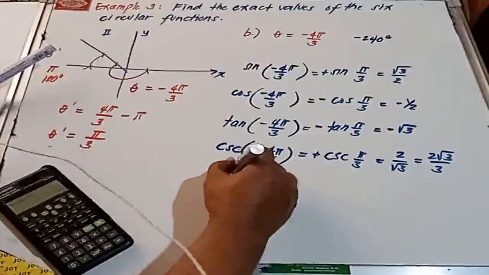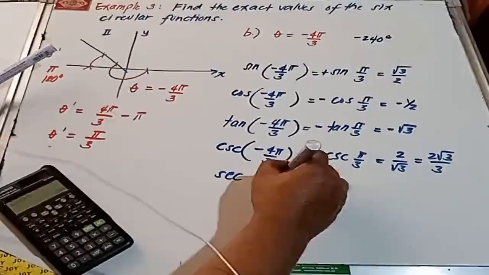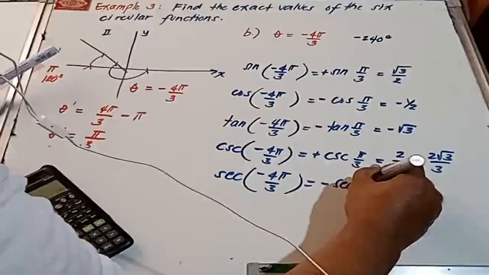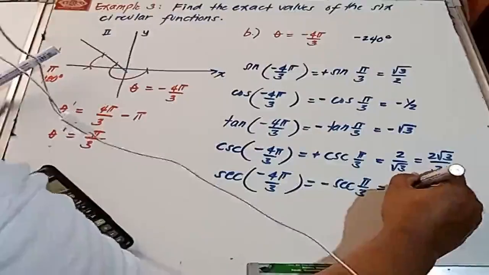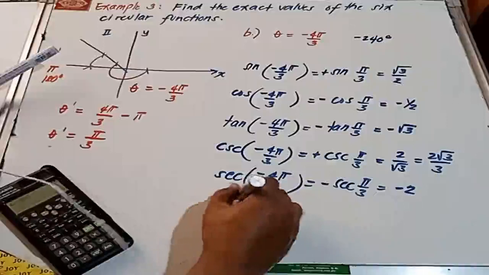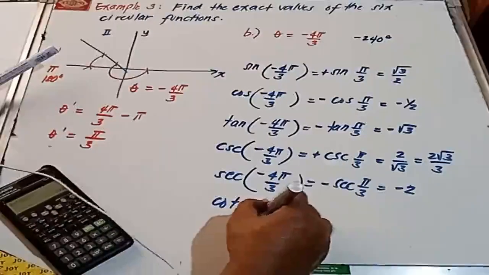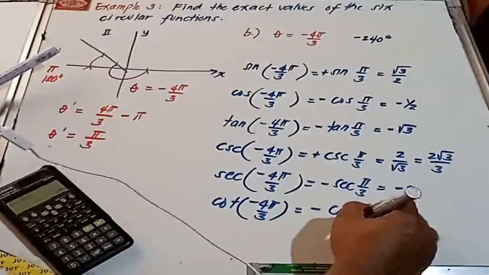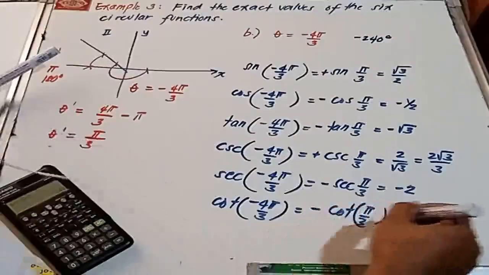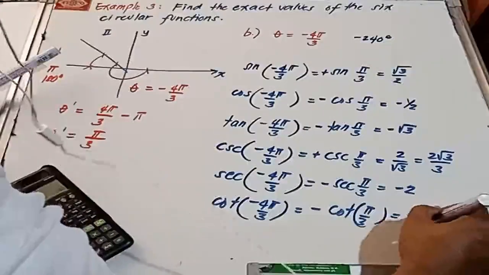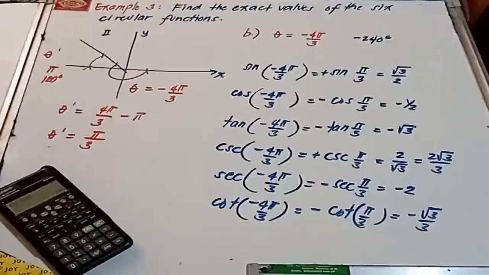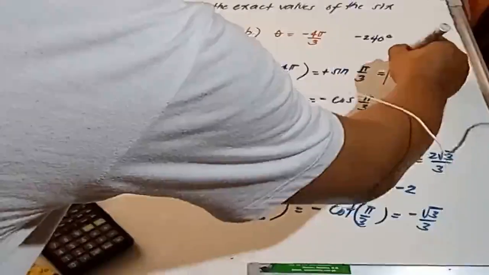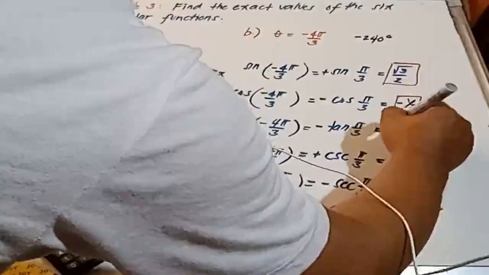And then, secant negative 4 pi over 3 is the same as negative secant pi over 3. Baliktad rin lang. That will be negative 2. And cotangent negative 4 pi over 3 is the same as negative cotangent the reference angle. And that is negative square root of 3 over 3. Okay? So, yun ang sagot natin na 6 circular functions sa letter B.